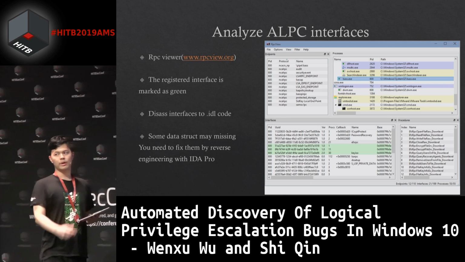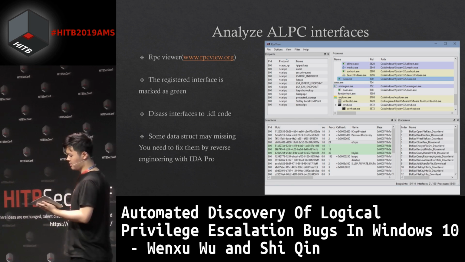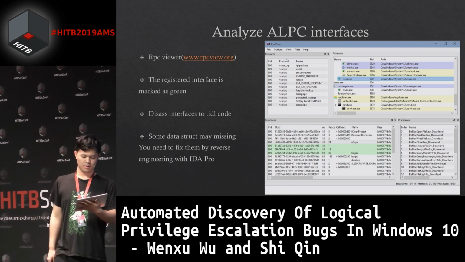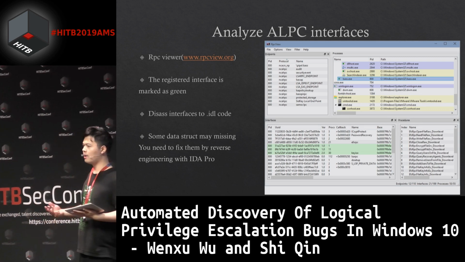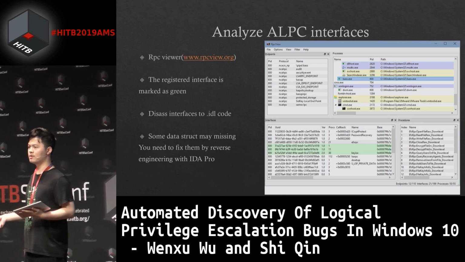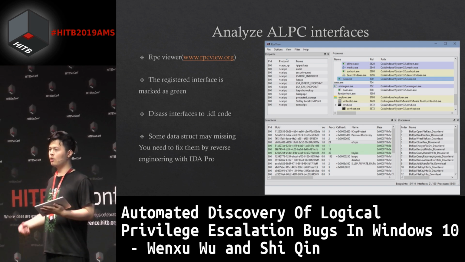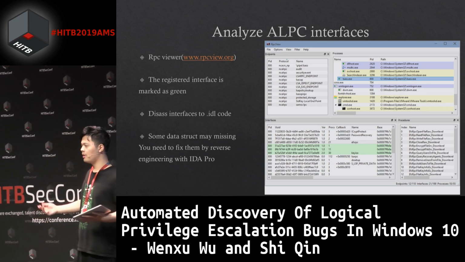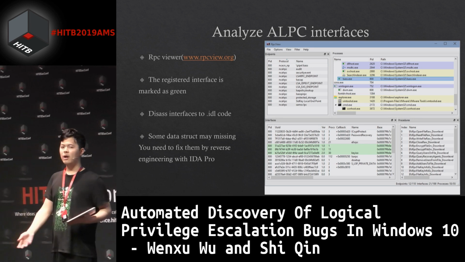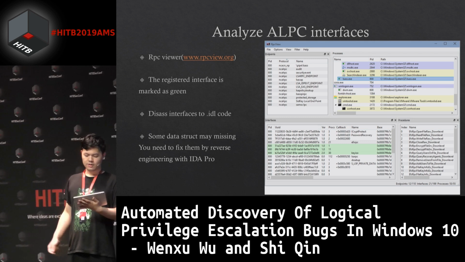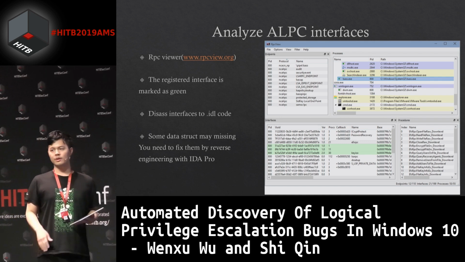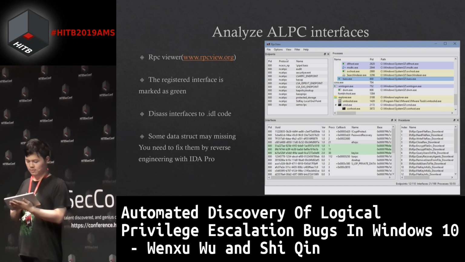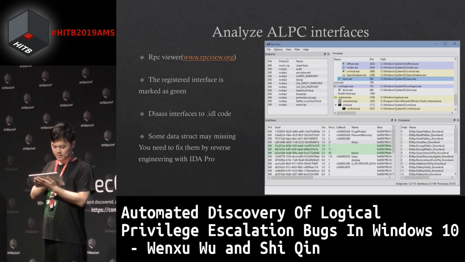So how could we analyze those interfaces? We need a tool named RPC Viewer. It is a very strong and powerful tool with which we could analyze those interfaces. And also, you can see the picture. The registered ALPC interfaces are marked as green. That means we could call them directly with IDL code and our interfaces.